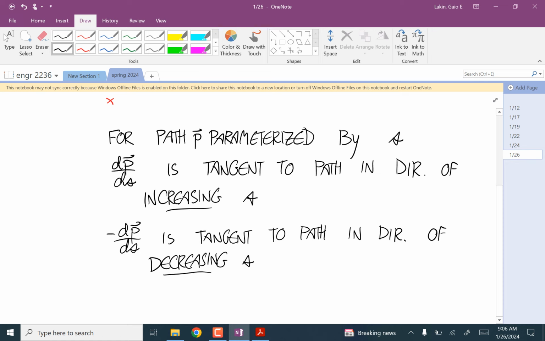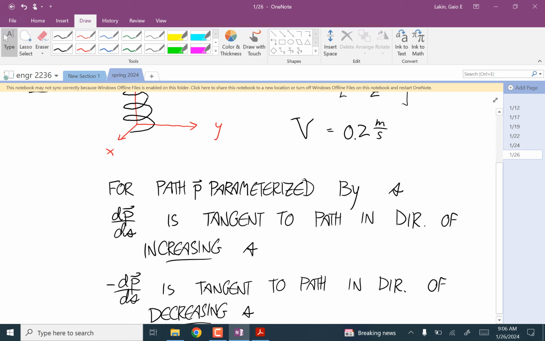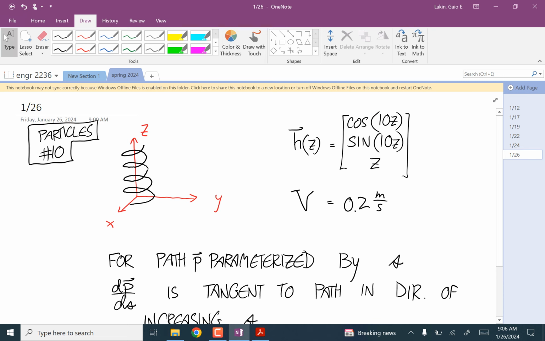Okay, s is just a stand-in for whatever your variable is. So instead of s, we have z in this problem.